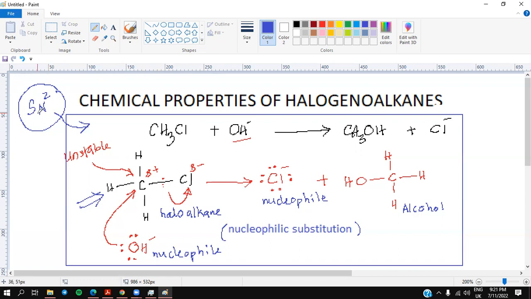Remember, this is an SN2 mechanism, and this is a primary halogenoalkane. So remember, the SN2 mechanism is shown by primary halogenoalkanes. This SN2 type of reaction can be explained in detail step by step.